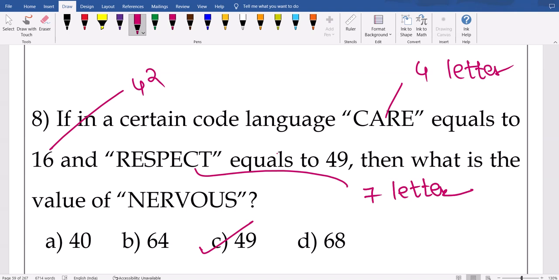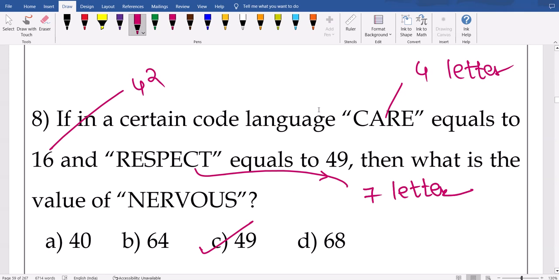Nervous is 7 letters, again 7 square, 49. Some people will not be happy with that. Respect, 49 is already given, again why is nervous 14, that's the logic here. Don't say you need an answer other than 49, not like that. So it's already fine. It's the number of letters squared. We have to square the number of letters, that's it.